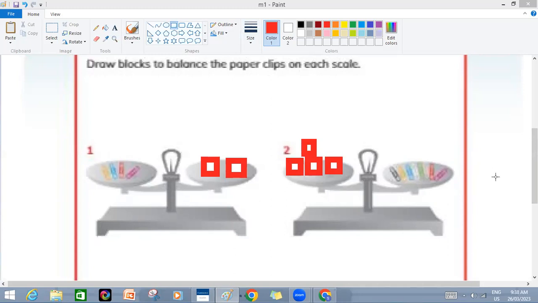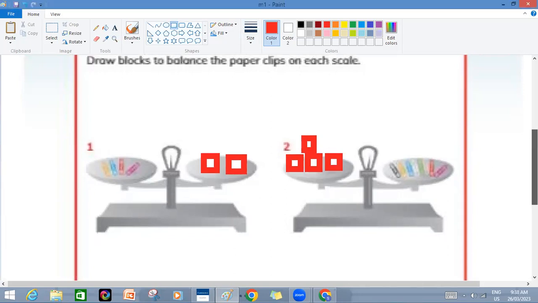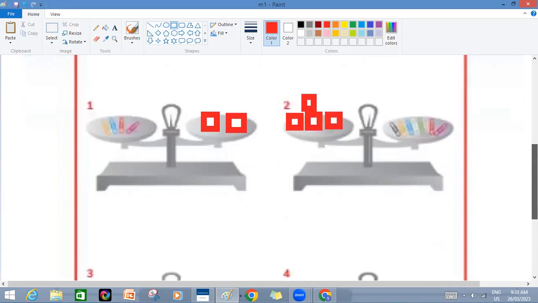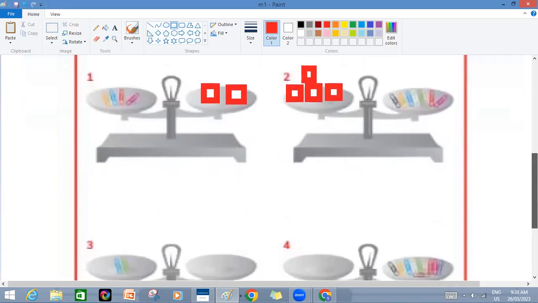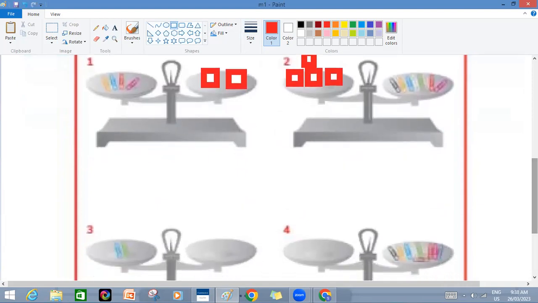Okay, moving on to the next scale, that is scale number 3. Go down on your paper here. So here are only 2 paper clips, 1 and 2. So this means we have to make only one block. Why are we making only one block? Because one block equals 2 paper clips, and we have to balance the scale.